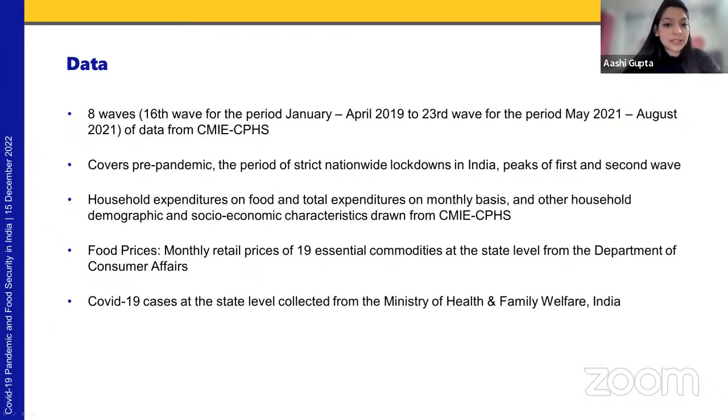We also include in our demand specification the cumulative COVID-19 cases at the state level at the end of every month. The data is collected from the Ministry of Health and Family Welfare, India, with familiar caveats of underestimation. I now hand over to Nidhi to talk about the methodology and the econometric models in detail.